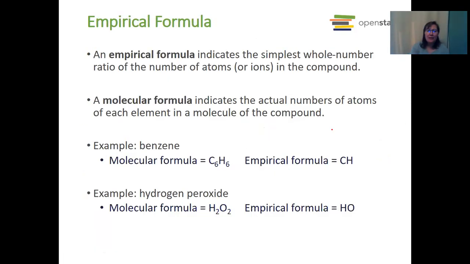Now let's take a look at what's called an empirical formula versus a molecular formula. Let's start down here with the molecular formula first. A molecular formula indicates the actual numbers of atoms of each element in a molecule of the compound.